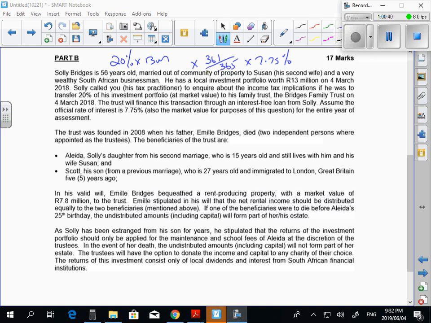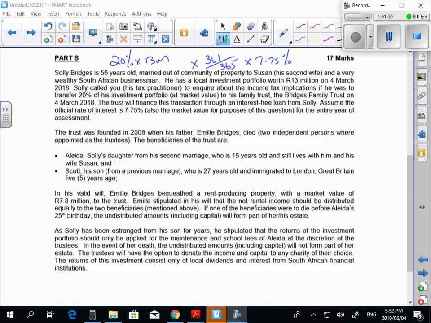Donation: he hasn't made another donation during the year, therefore 100,000 is exempt. 200 minus 100 times 20%.